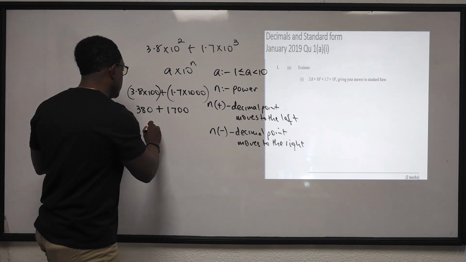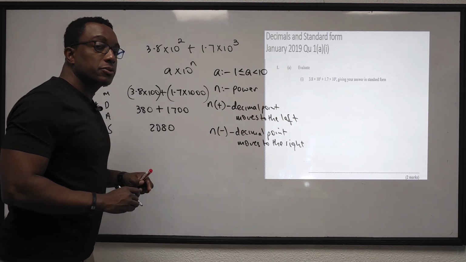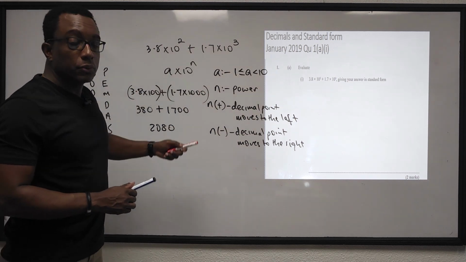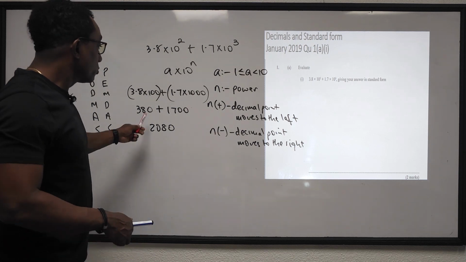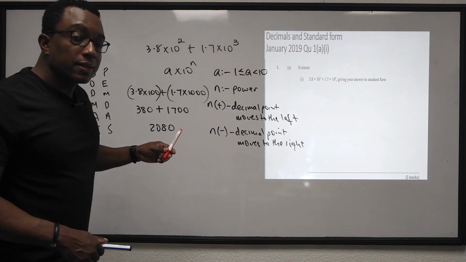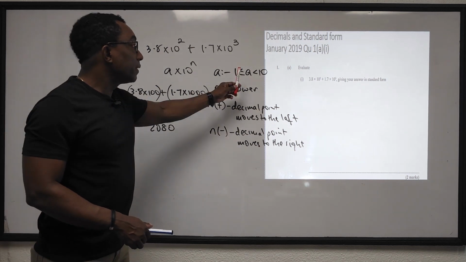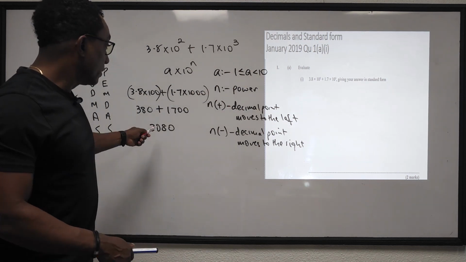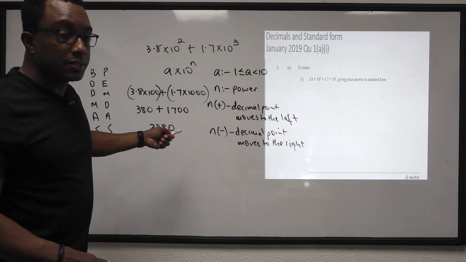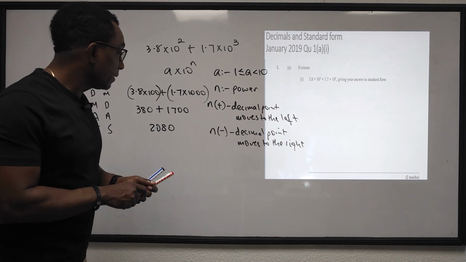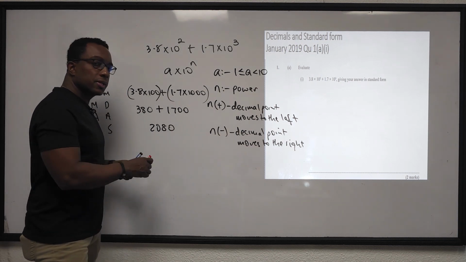So we have 2080, and now let's represent 2080 in this form, known as standard form, right? So to do so, I must ensure that this number A lies between 1 and 10. So this presently doesn't lie between 1 and 10.